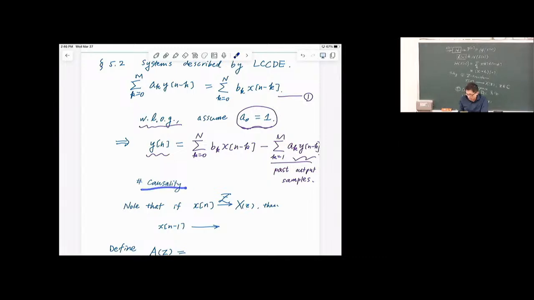So this property is also called causality. The output does not depend on the future.